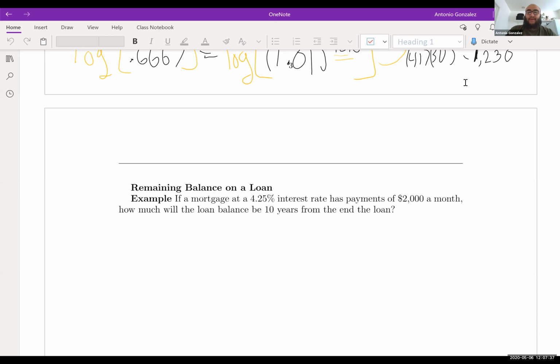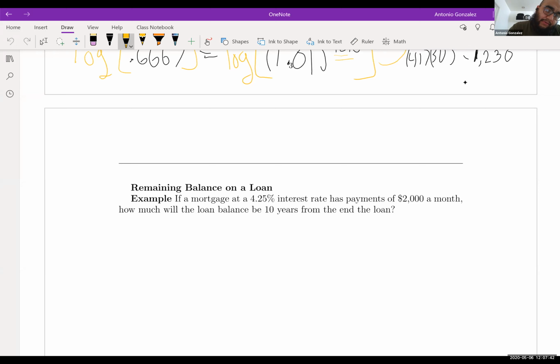One thing to keep in mind is that you can't just multiply payments by months.